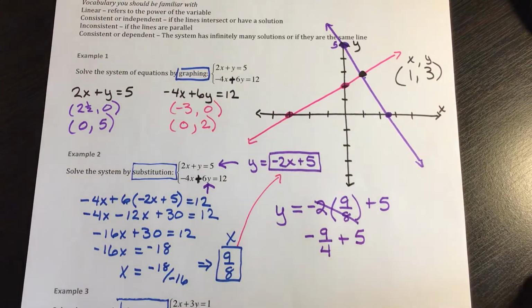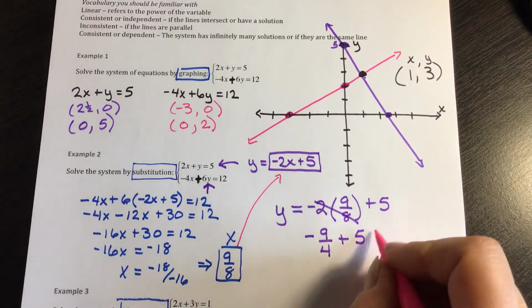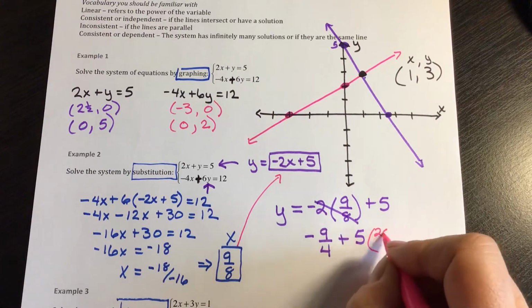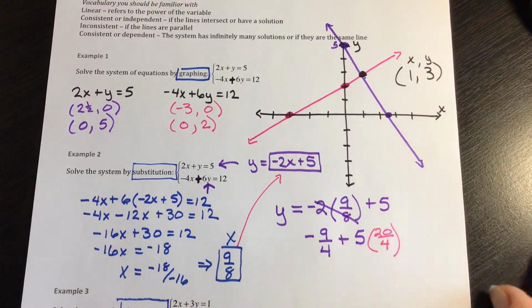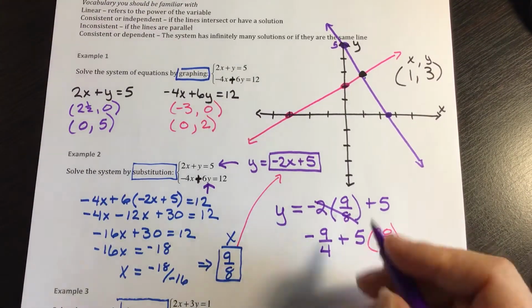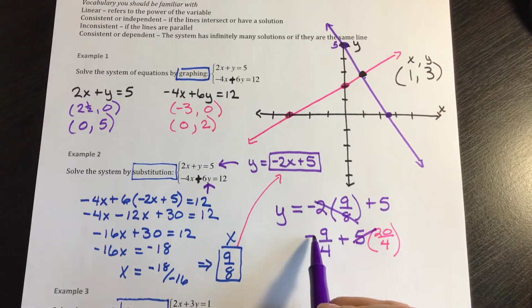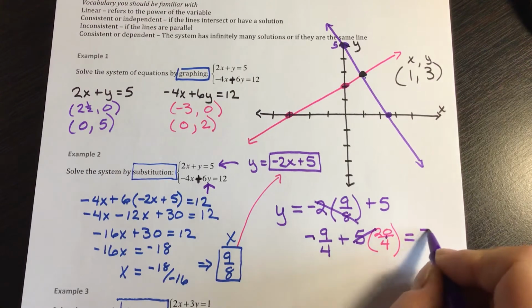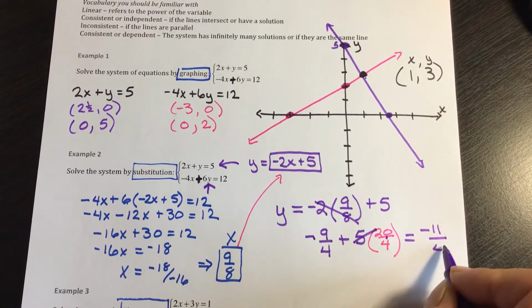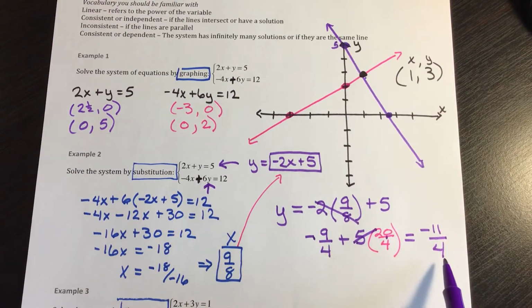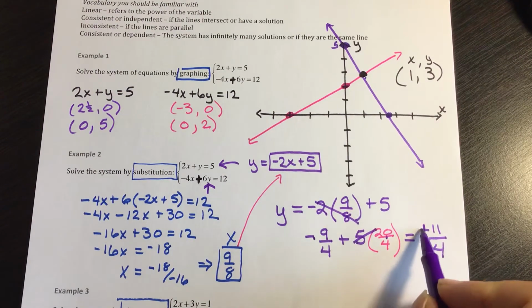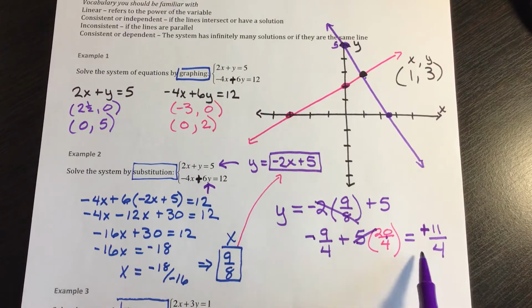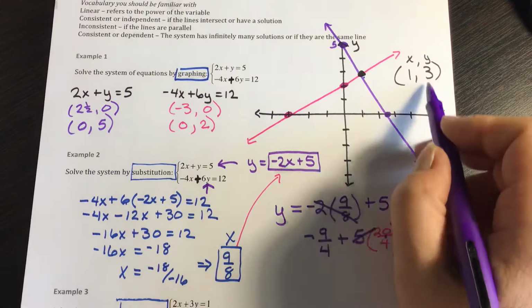So instead of 5, let's write that as 20 over 4. Negative 9 plus 20 is negative 11 over 4. Whoops, that's positive 11, sorry, over 4.